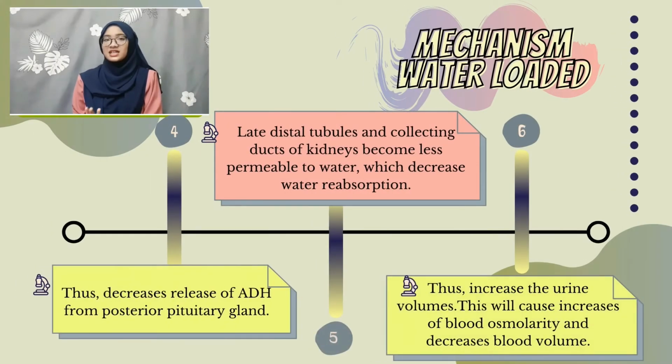It will then decrease the release of ADH from the posterior pituitary gland. The late distal tubule and collecting duct of the kidney become less permeable to water, which decreases water reabsorption, thus increasing the urine volume. This will cause an increase in blood osmolarity and a decrease in blood volume.